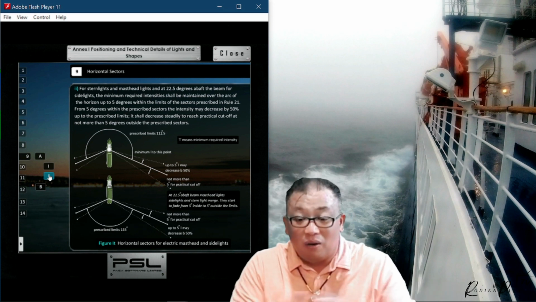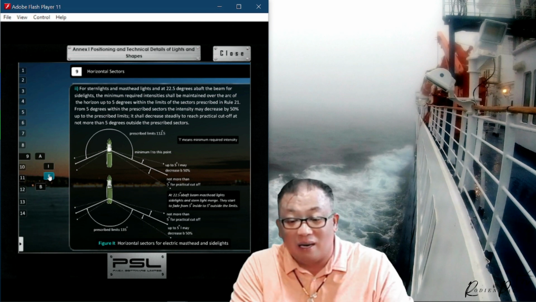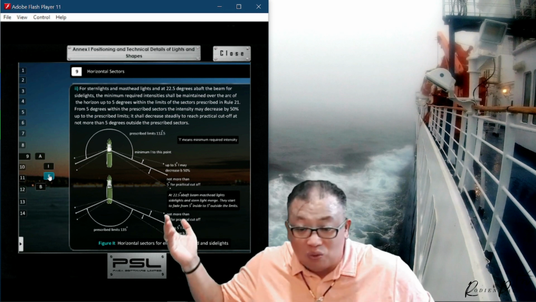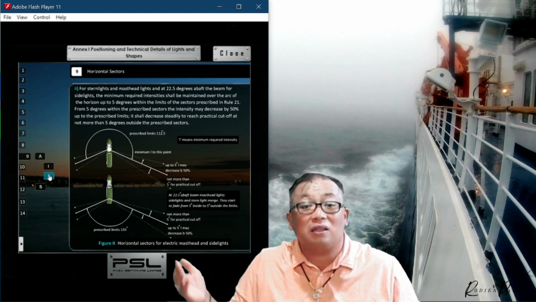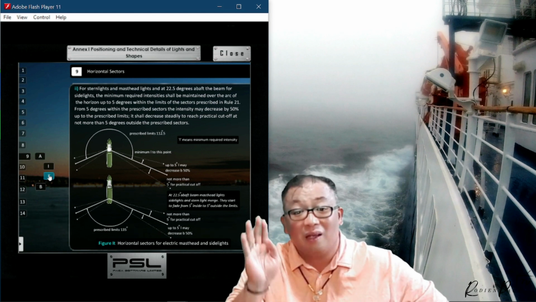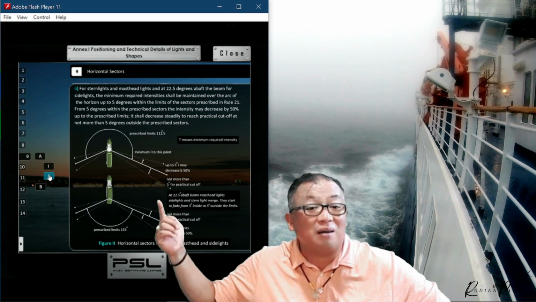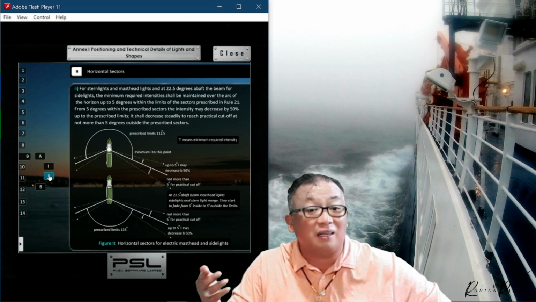Also, I talked about the stern lights and the masthead lights. In fact, I have also discussed the practical cutoff, which is exactly the same for the masthead light. So, at the onset, let me define. This is a masthead light, and this is the stern light below.